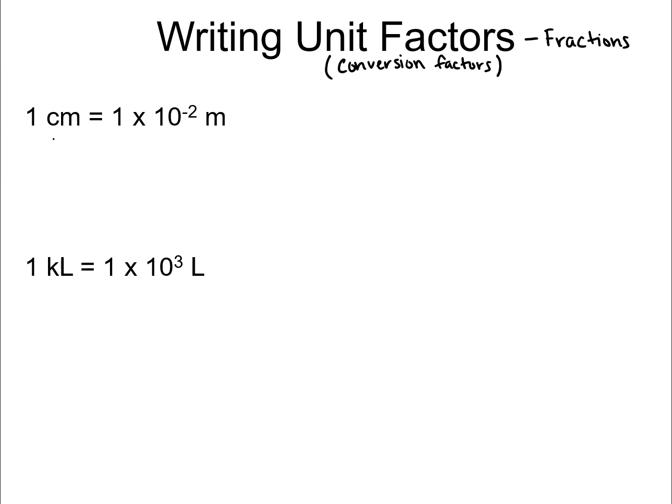So if I were going to write the unit factors for this first unit equation, I'd simply take one of those numbers, so I'll start with the 1 centimeter that's in the numerator, put the other number in the denominator. That's a unit factor. To get the second one, you just write the reciprocal. So you put the denominator in the numerator, and you put the numerator in the denominator.